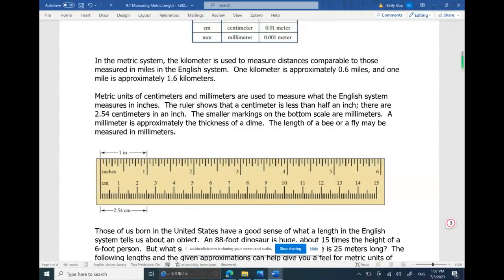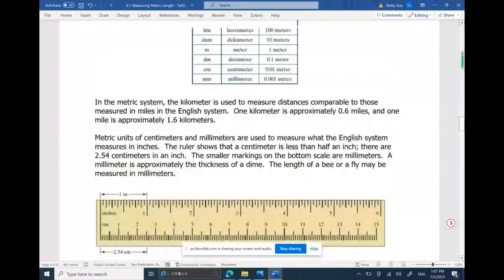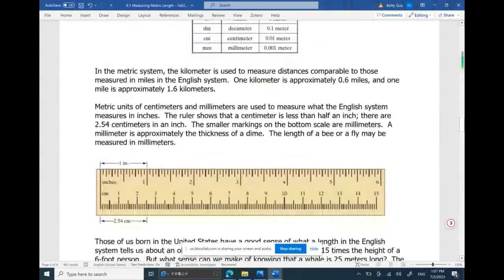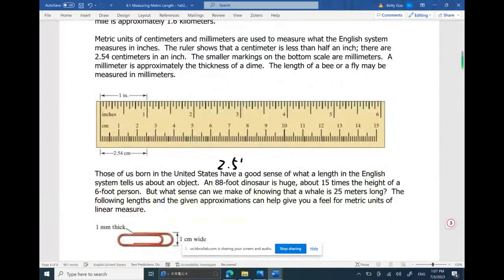I do not remember a lot of things, but I remember this relationship: 2.54. Actually, it's approximate, but we just ignore the error. So we have 2.54 centimeters in 1 inch.